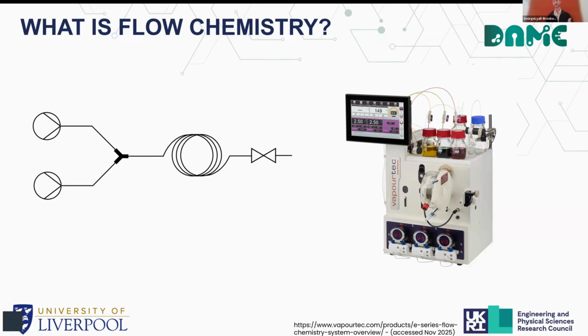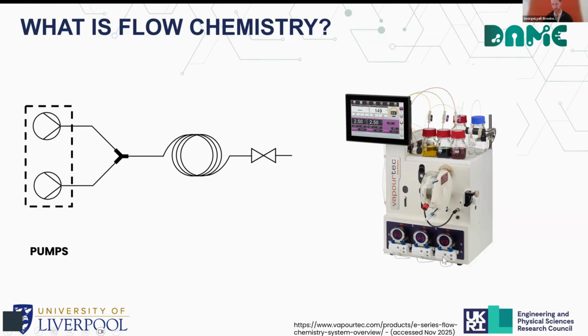Here is just a schematic representation of the same reactor, and I'll break down some of the key components of these systems. First of all, and arguably most important for flow, are the pumps. These deliver your reagents to the rest of the system.